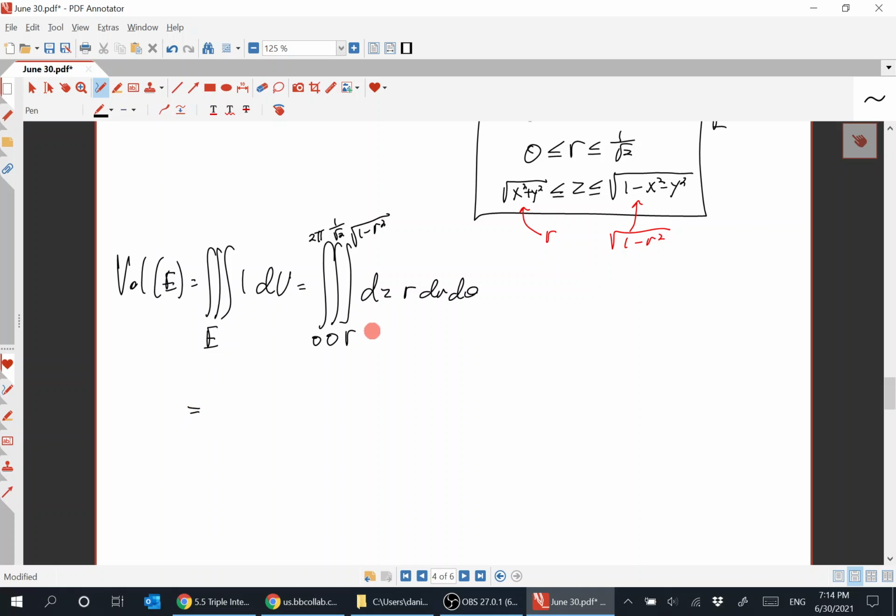So antiderivative, well, there's no z here, it's just 1, so it's just the difference of these two boundaries on the interval. So we have square root of 1 minus r squared, minus r. And then don't forget about that conversion factor, r dr d theta.